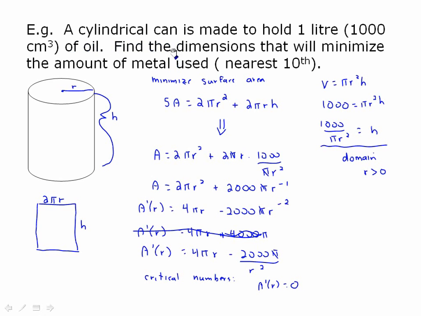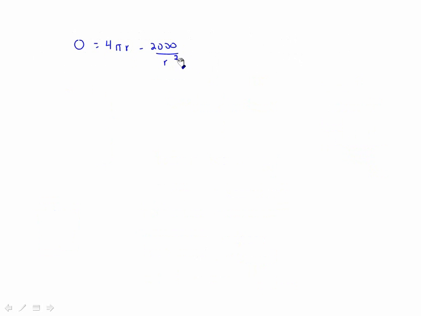So I go 0 is equal to 4 pi r minus 2000 over r squared. Bring the 2000 over r squared to the other side.